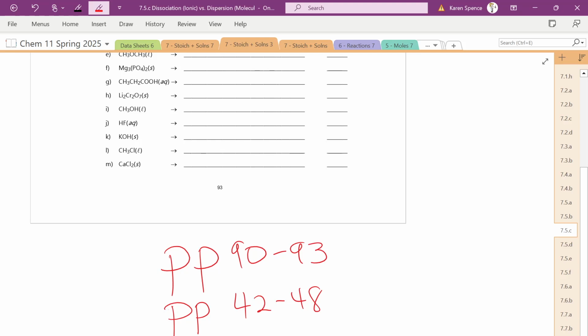It'll be a mixture, so instead of the CH3OH staying beside CH3OH, water will go in between them all. So it won't form a compound, but it's a mixture.